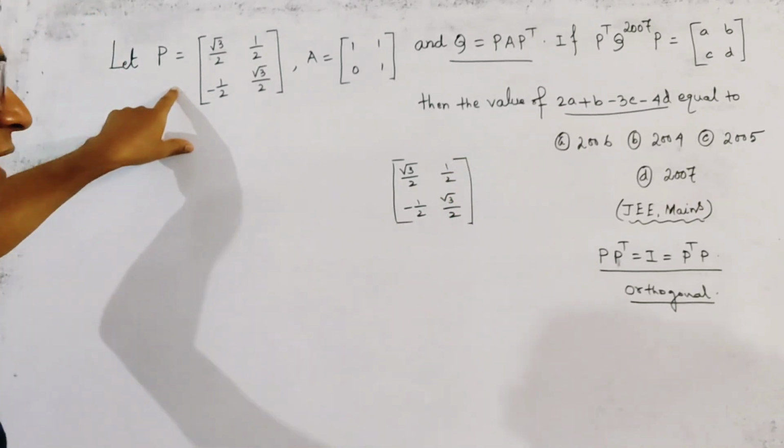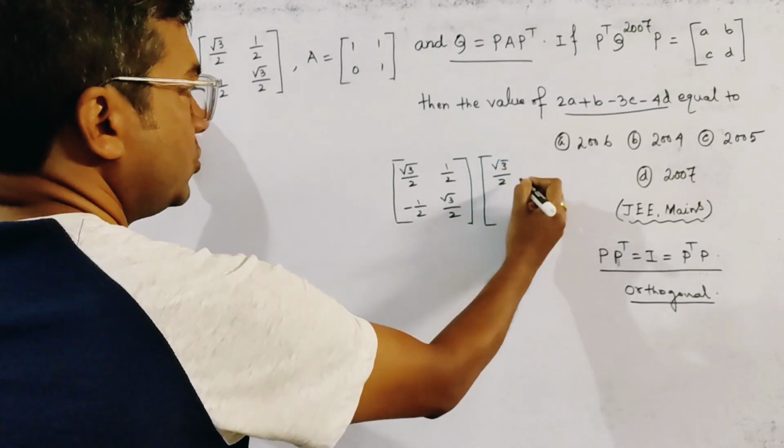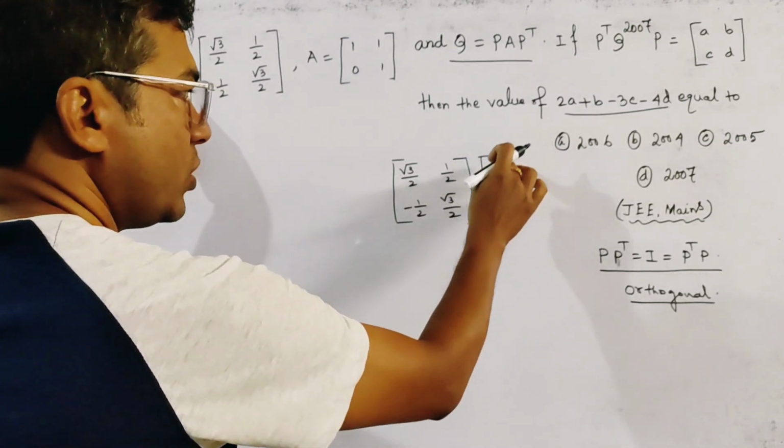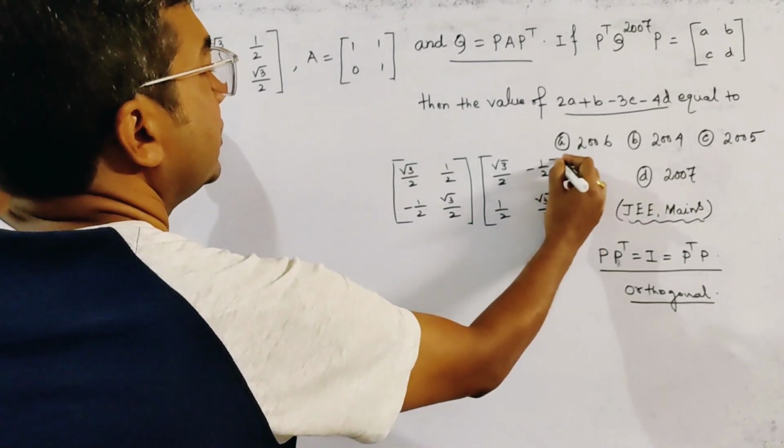And P transpose is clearly given by root 3 by 2, half, minus half, root 3 by 2, because rows become columns.